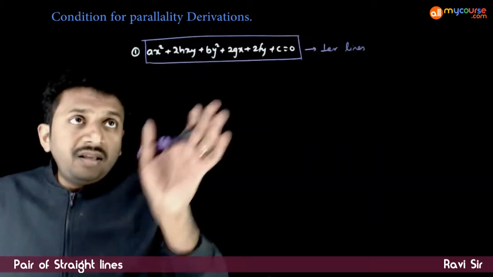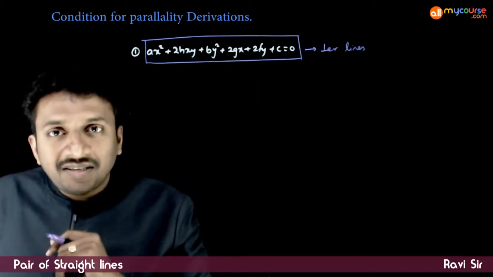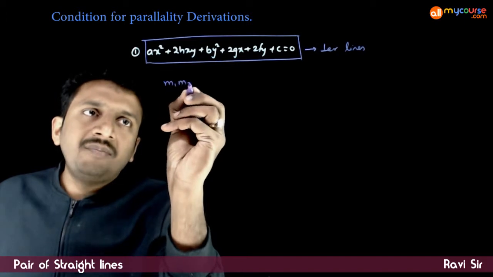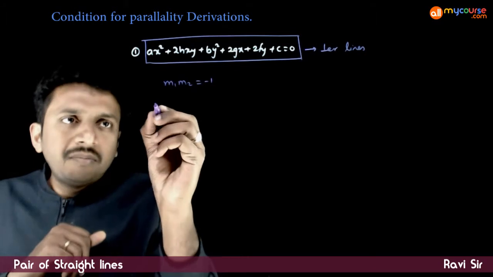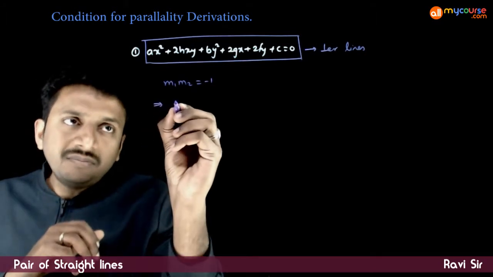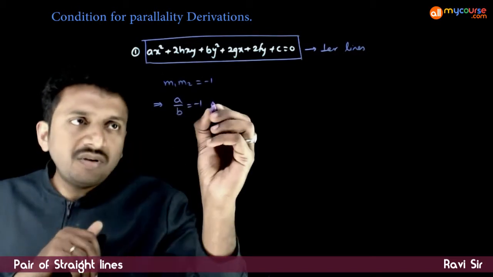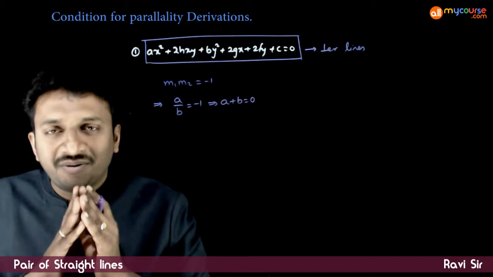Next, if these lines represent a pair of perpendicular lines, then simply the condition is m1 m2 has to be equal to minus 1. But m1 m2 is equal to a by b, which has to be equal to minus 1. This implies a plus b is equal to 0.